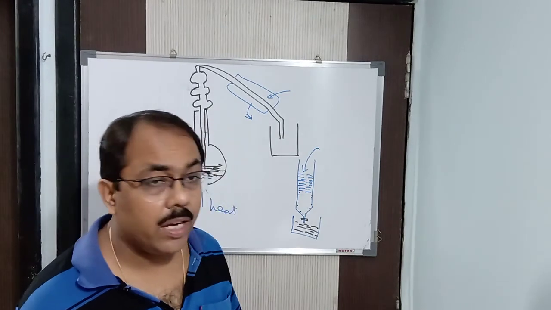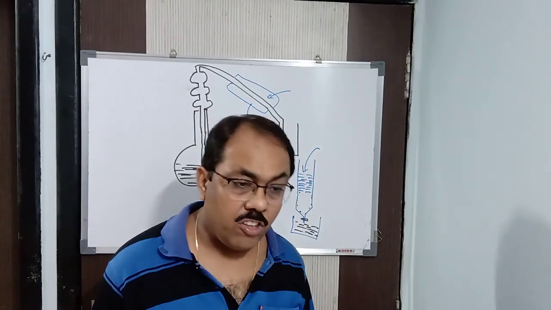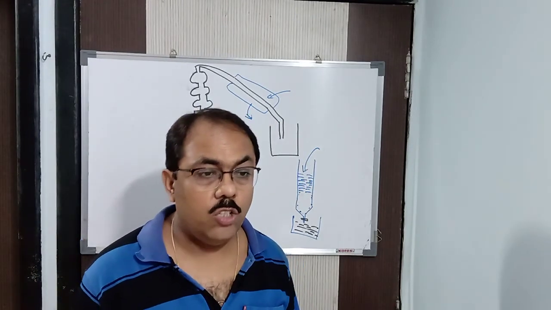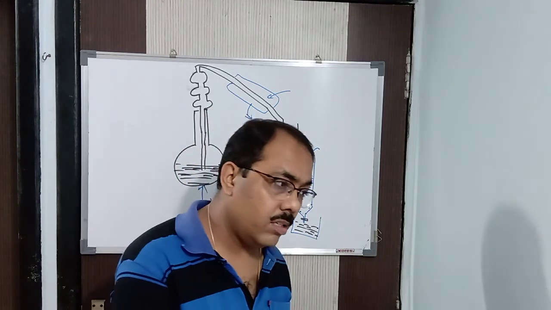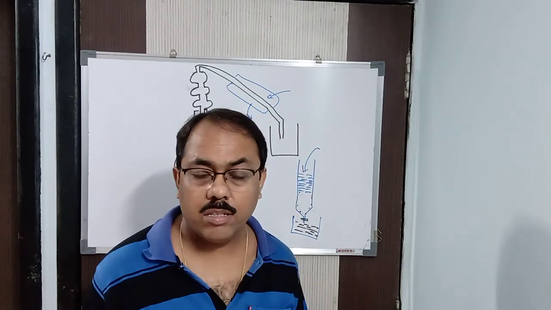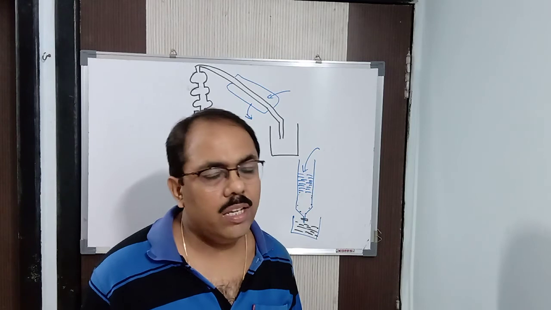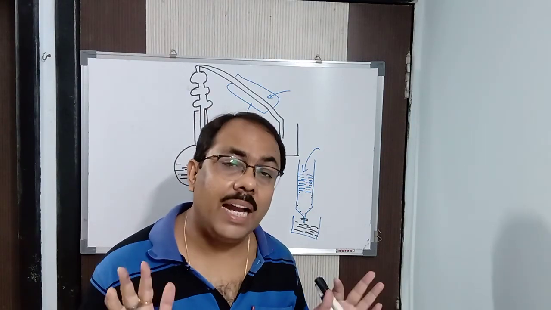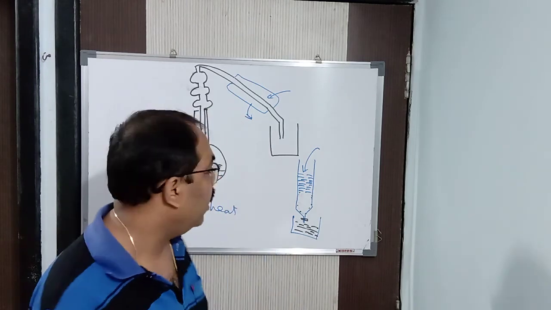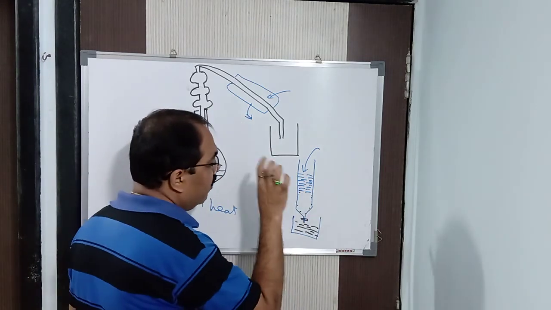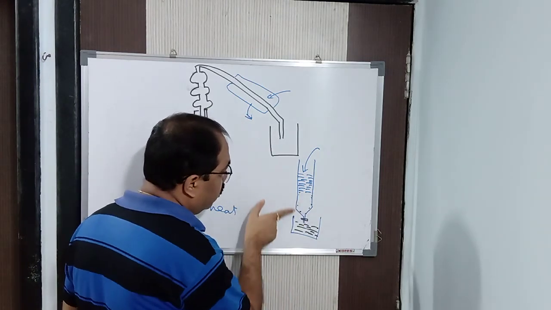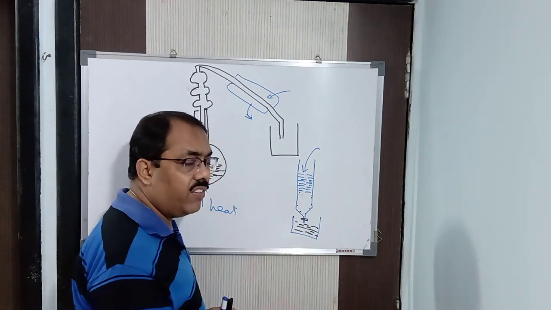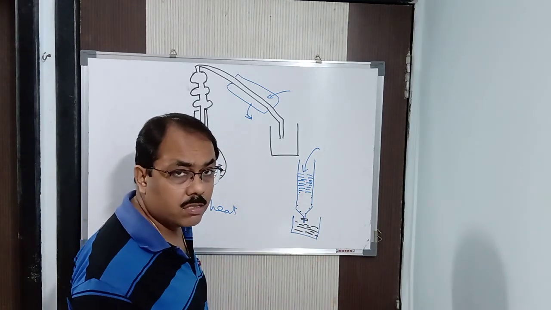Similarly, we can also separate carbon tetrachloride and water, benzene and water, or toluene and water. Clear? So this is a technique to separate two immiscible liquids differing in their densities.